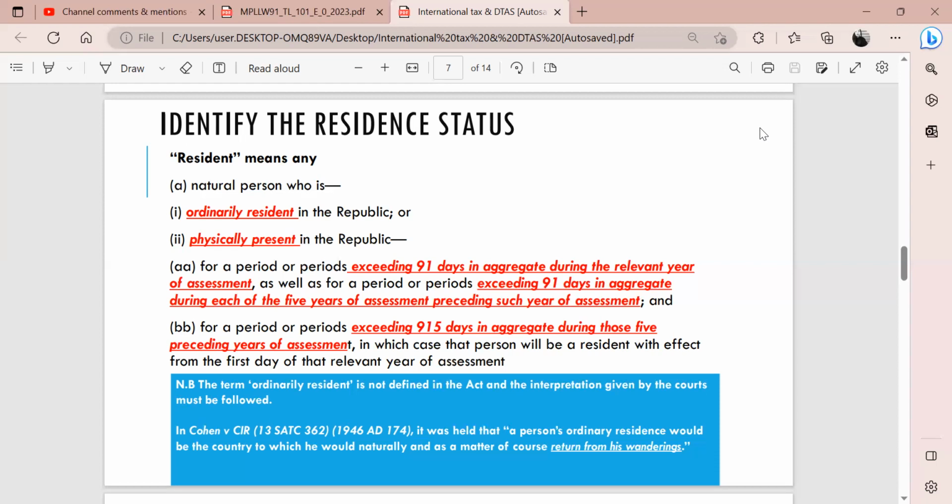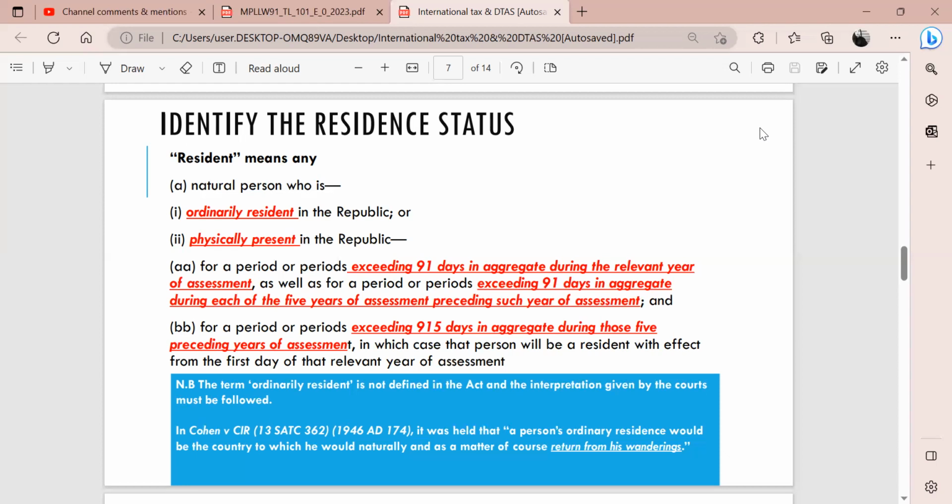And the physical presence test requires the non-resident to be present physically in the Republic for a period or periods exceeding 91 days in the relevant year of assessment and 91 days in aggregate during each of the 5 years of assessment preceding such year of assessment, and 915 days in aggregate during those 5 preceding years of assessment.